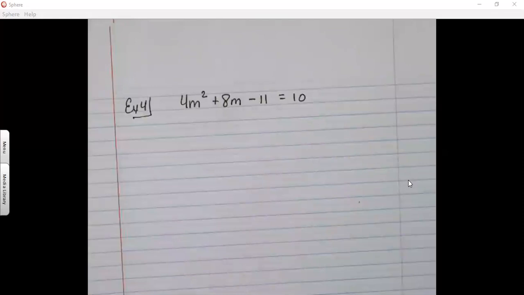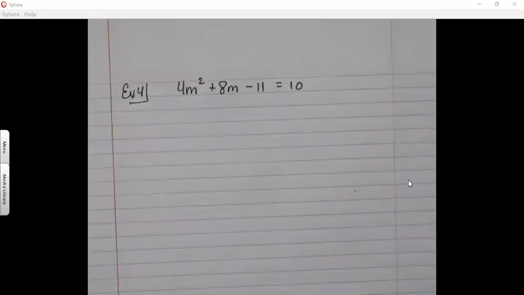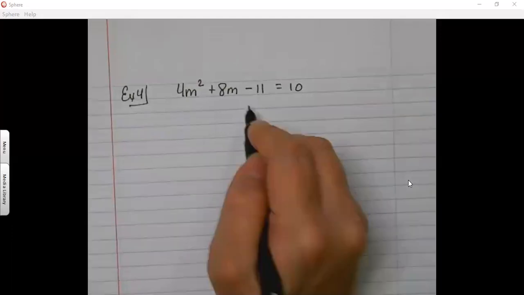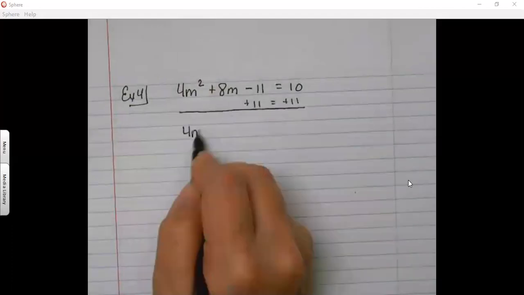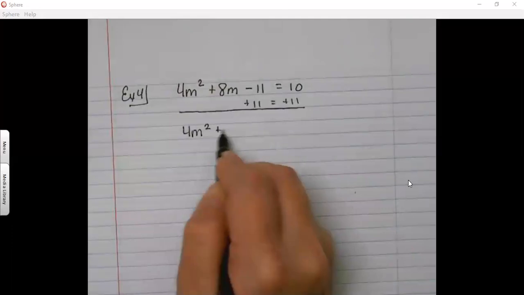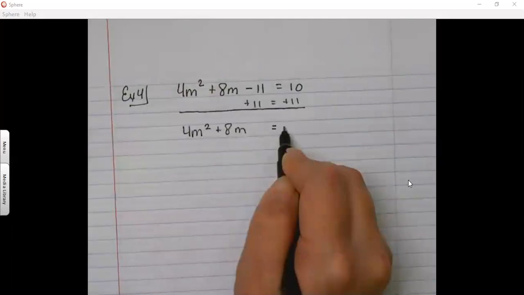I'm just going to do this all in one color so that I can speed through it. What do I do first? Add 11 to both sides. So I have 4m squared plus 8m equals 21.